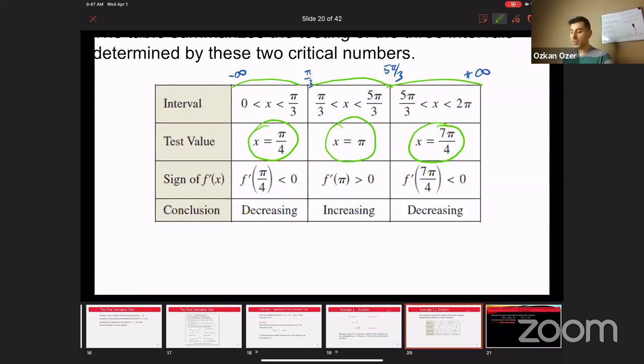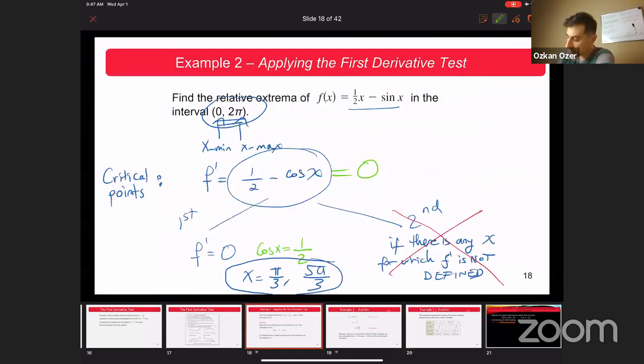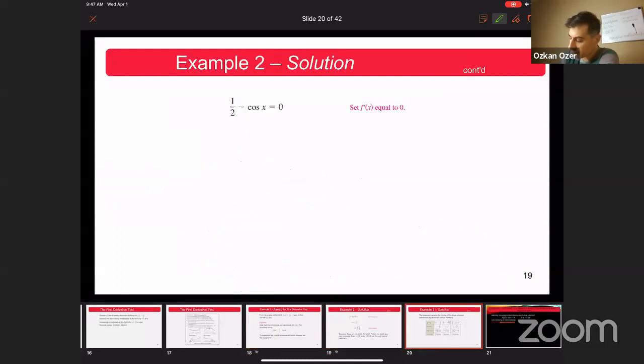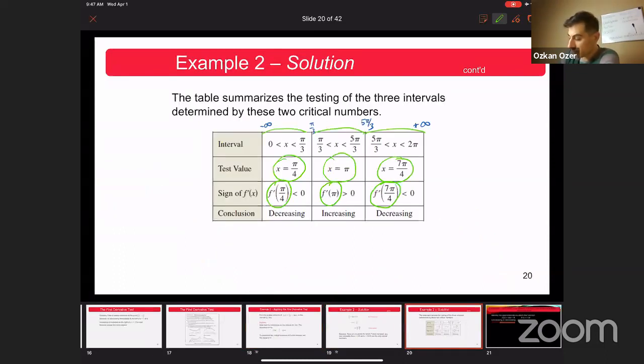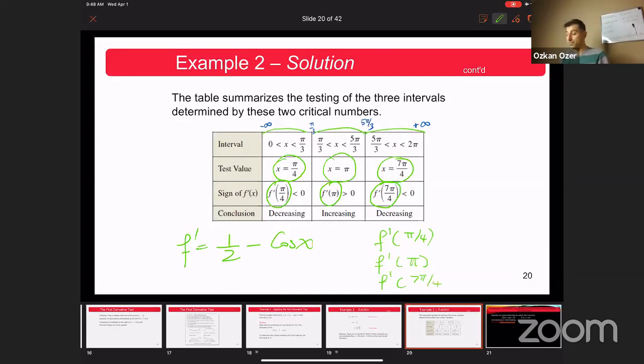Okay. So in the next step, to determine the sign of f prime, we're going to look at f prime at pi over 4, f prime at pi, and f prime at 7 pi over 4. And who is f prime again? F prime is 1/2 minus cosine x. So put your calculator in radian mode and try to calculate f prime at pi over 4, f prime at pi, and f prime at 7 pi over 4.